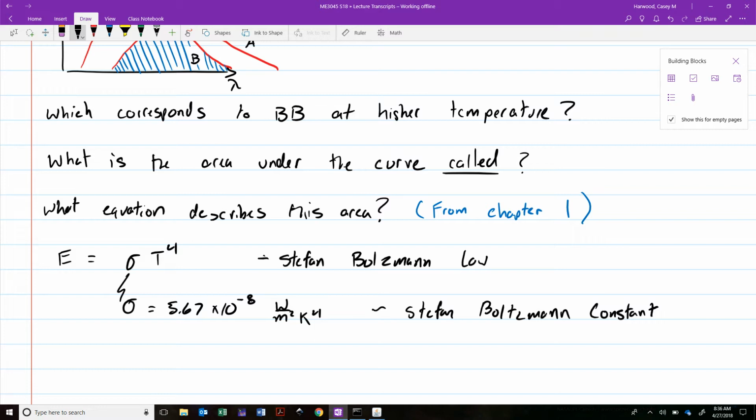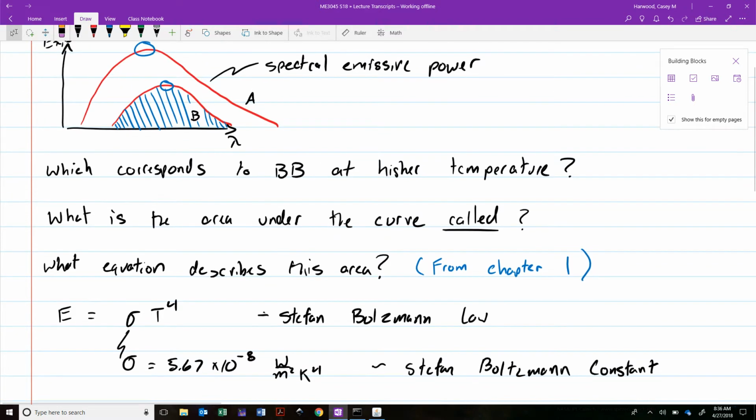This means that we had these pain in the butt equations that described the variation of emissive power as a function of wavelength, but if all we're interested in is the total emissive power, E, which is in the familiar form of a heat flux, then all we need to know is the temperature. And this also shows the same behavior we're seeing up here where temperature goes up, so does the area under the associated curve. Okay?